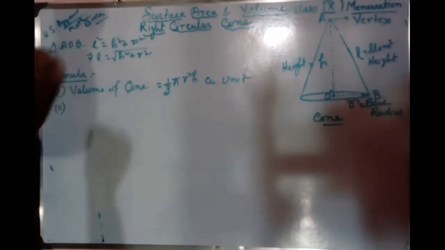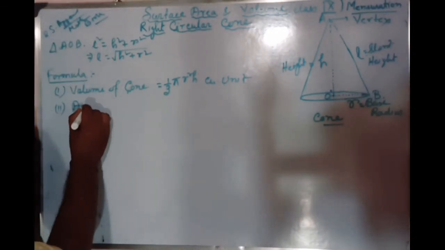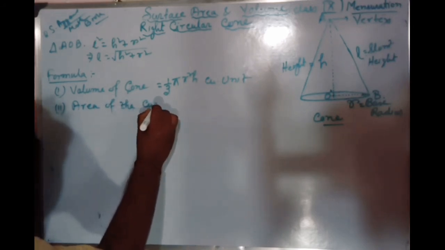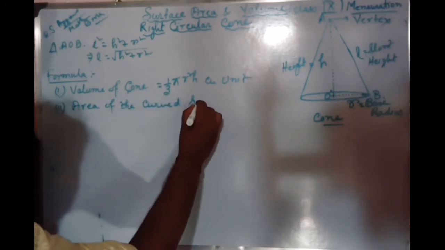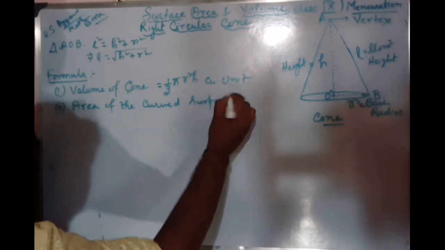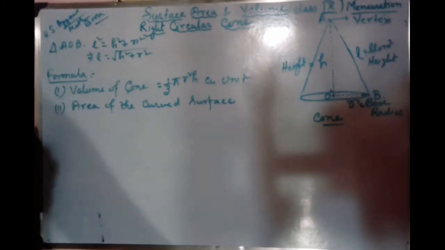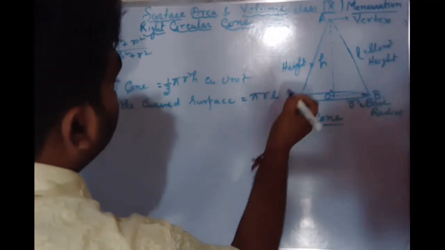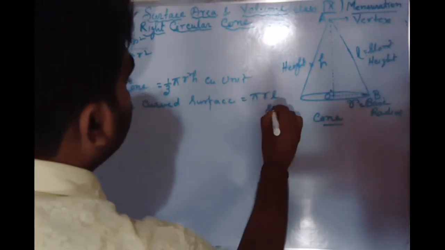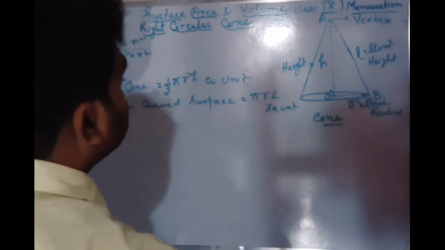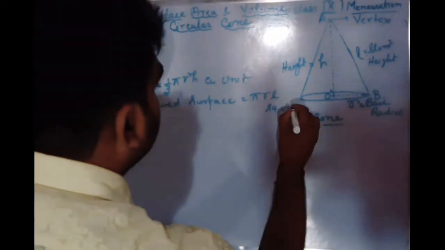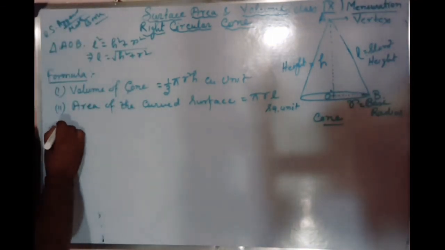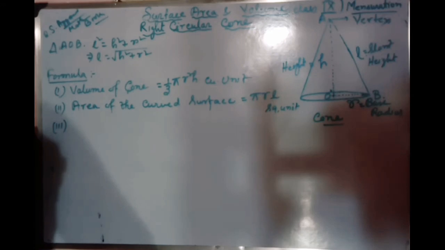So the area of the curved surface is equal to pi r l square unit.